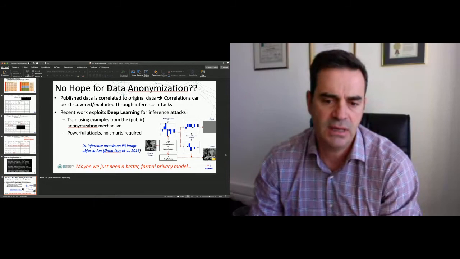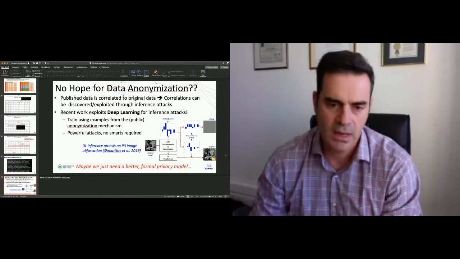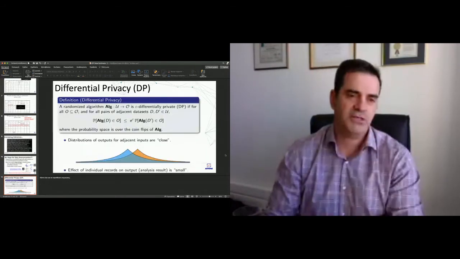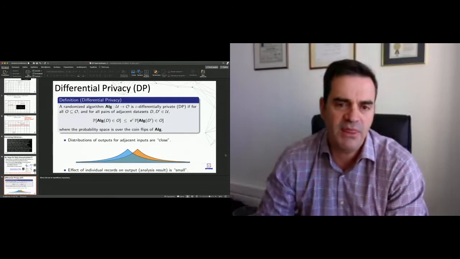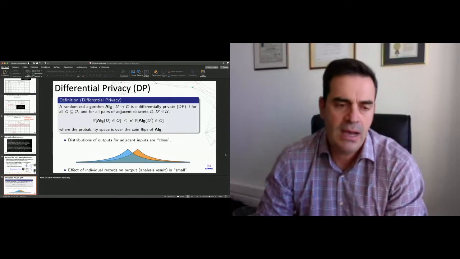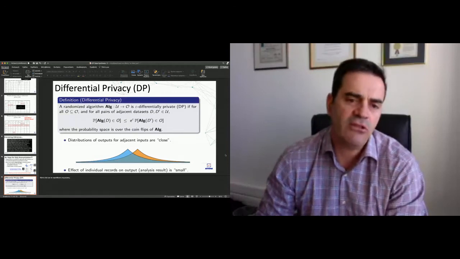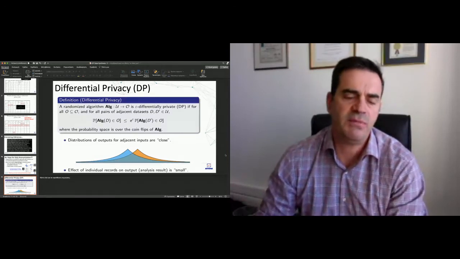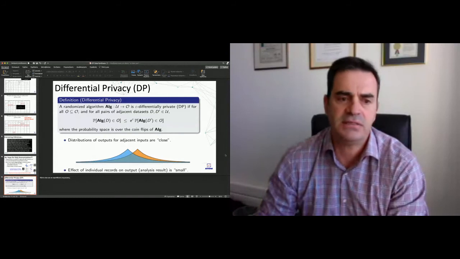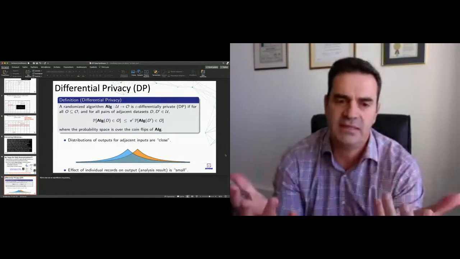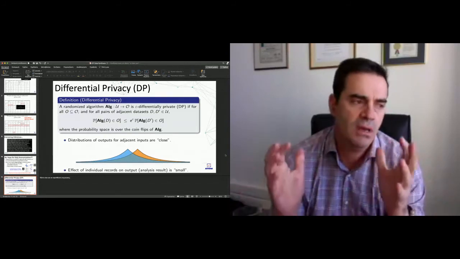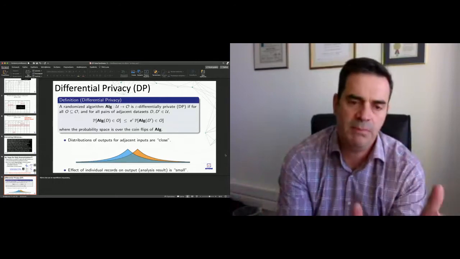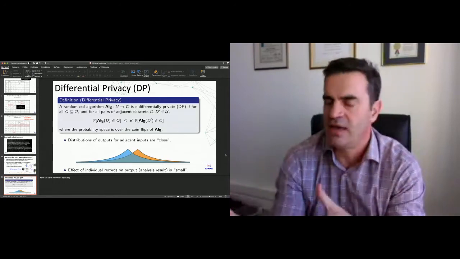So this is essentially what we do with differential privacy. We provide a formal mathematical definition of privacy. Again, there's a lot of math here. I'm not going to go into the details, but basically the high-level idea is this. Let's assume I have two different data sets, right? One data set that carries my personal information, and one data set that doesn't have it, right?